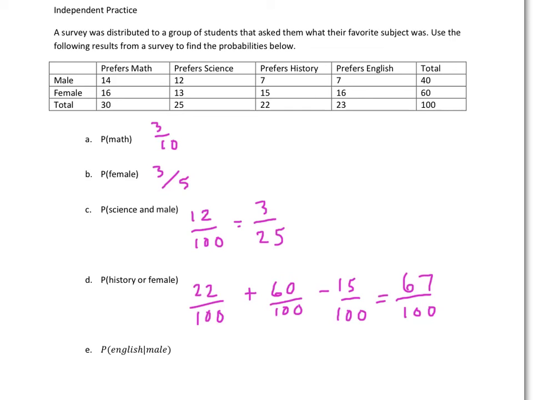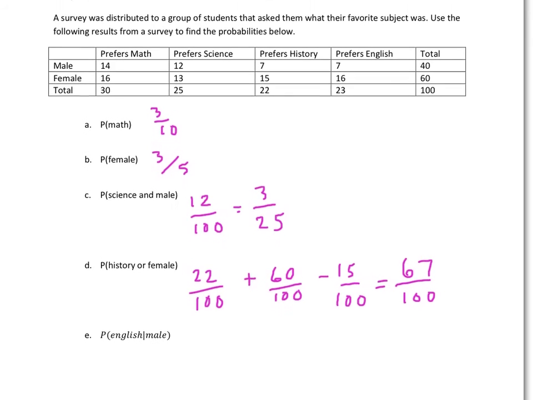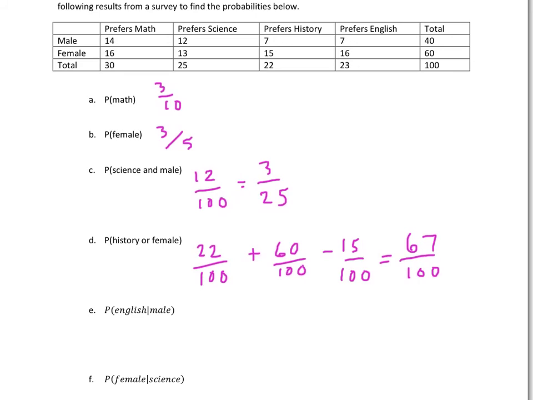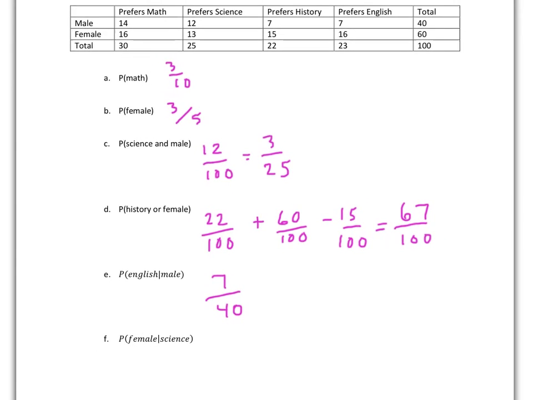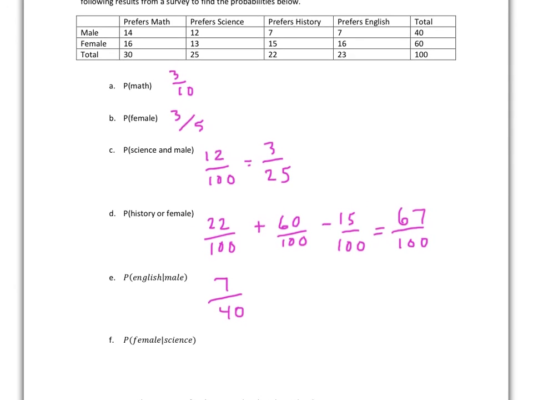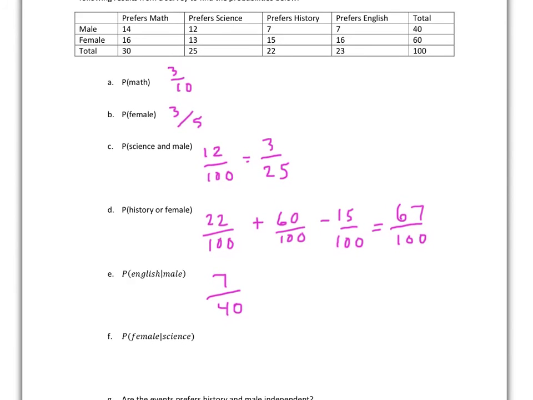The probability that they prefer English, given that they are male: out of the 40 males, 7 prefer English. And then the probability that they are female, given that they prefer science: out of the 25 science, we have 13 females.